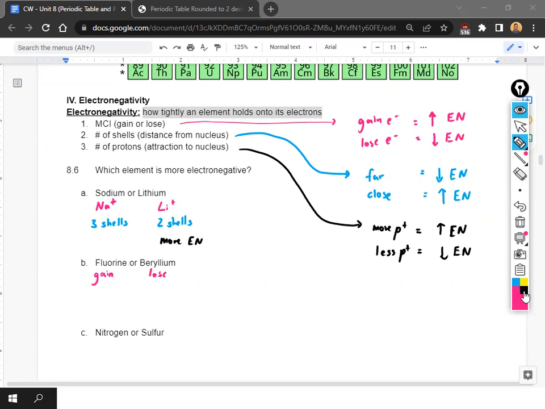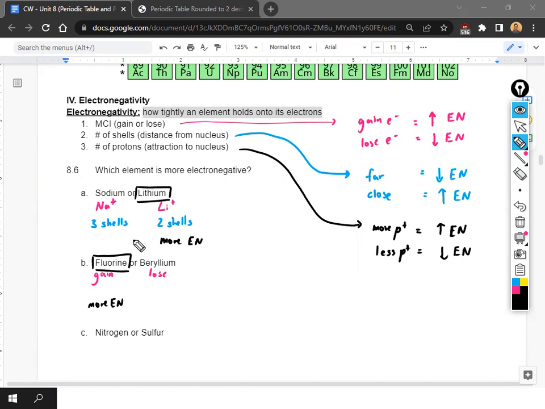Okay, which one do you think will be more electronegative? Yeah, the guy that wants to gain, so fluorine will be more electronegative. Okay, because fluorine is trying to get more electrons, right? If it's trying to hoard more electrons, obviously it's going to be hard to steal what it already has. Okay, because it wants more. Whereas beryllium is trying to give it away, and so it'll be very easy to take electrons from beryllium.